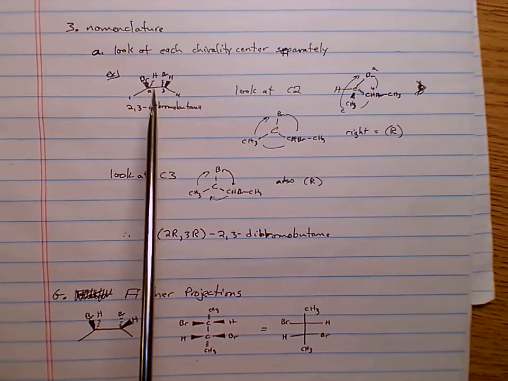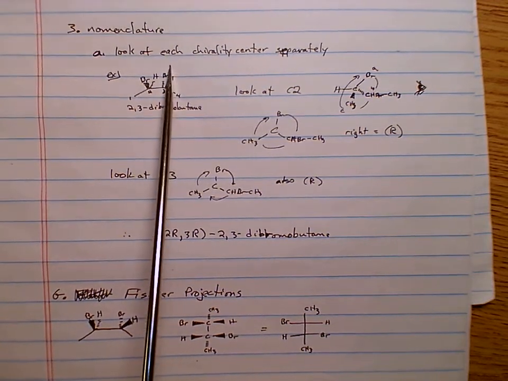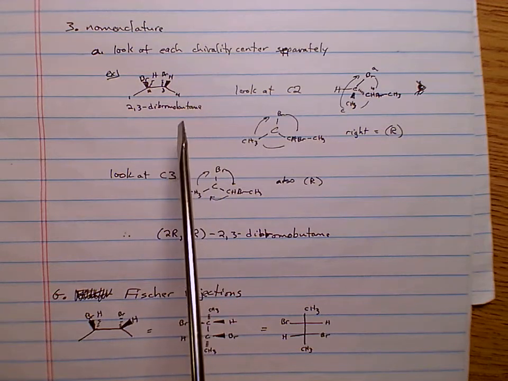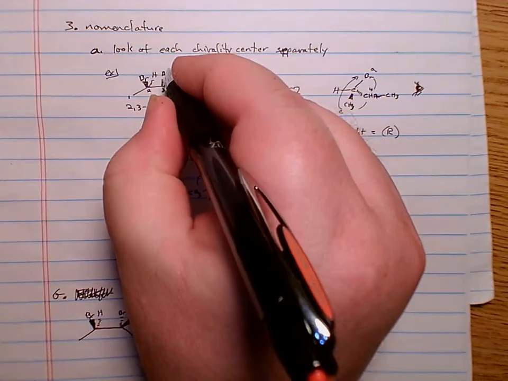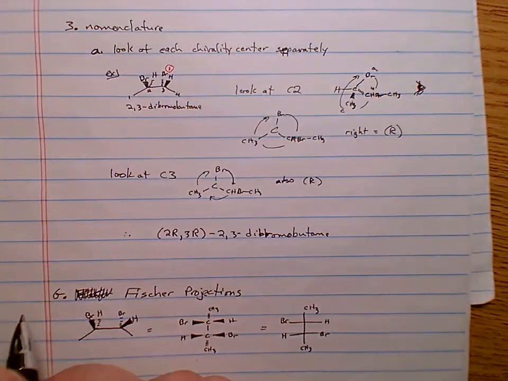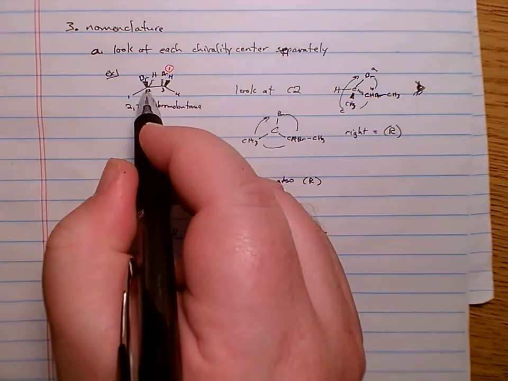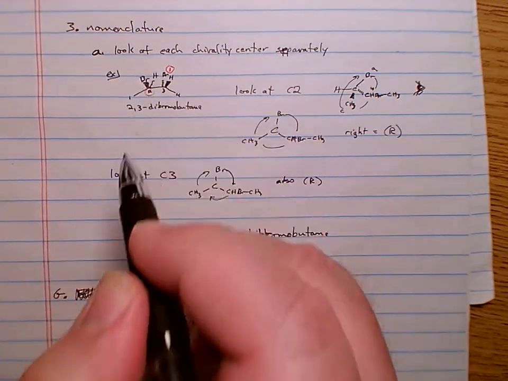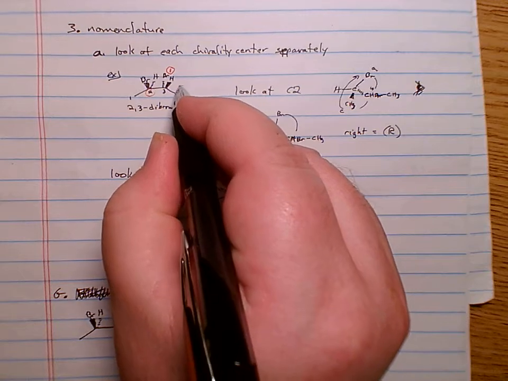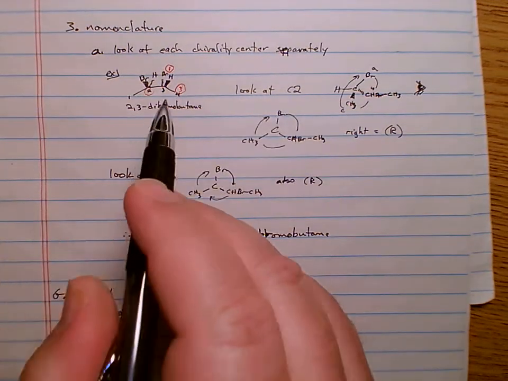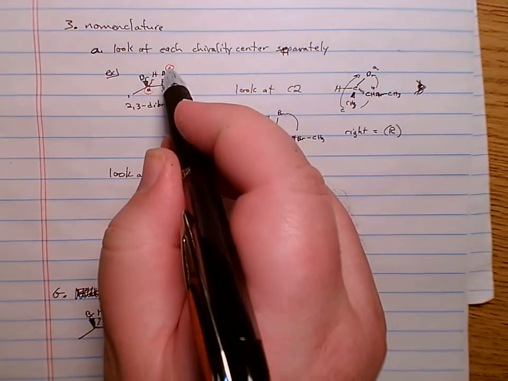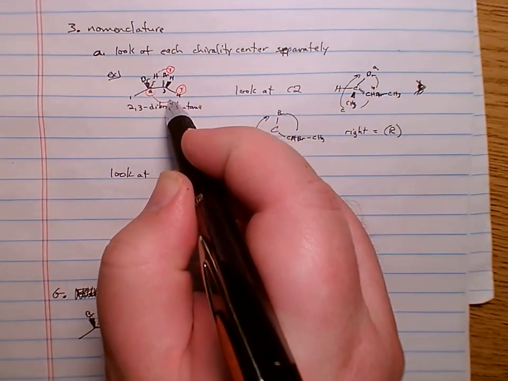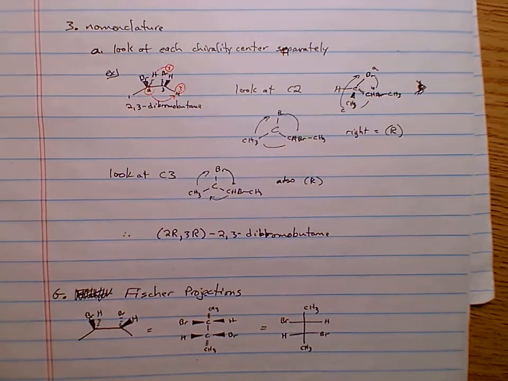Now, one thing you could do is try to rotate the molecule to get that hydrogen going back, because that's what we have to do. But I'm going to employ our other little trick. I'm going to look at this and say, okay, I can see that the bromine is priority 1, of course. We can see that this is priority 2 here, and over here will be priority 3. The hydrogen is coming out at me. I'm not going to put it backwards. I'm going to draw my circle from 1 to 2 to 3 in that direction.